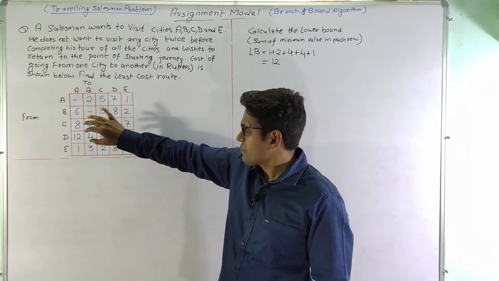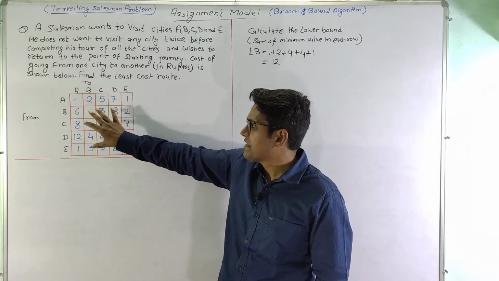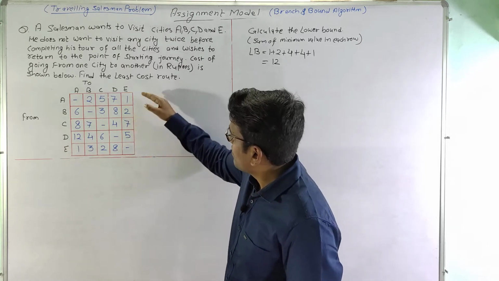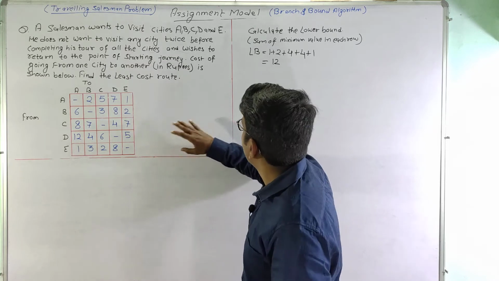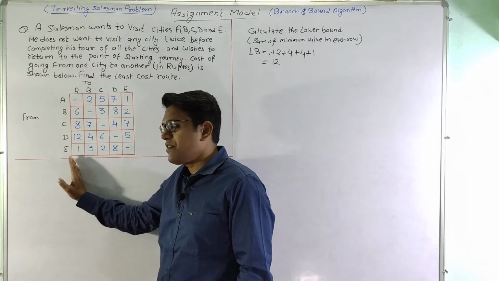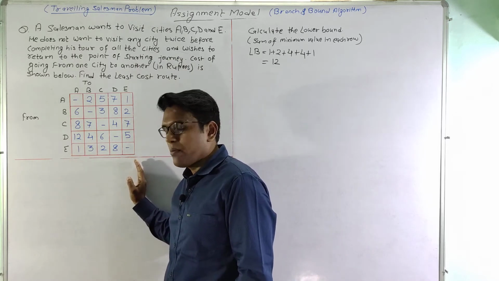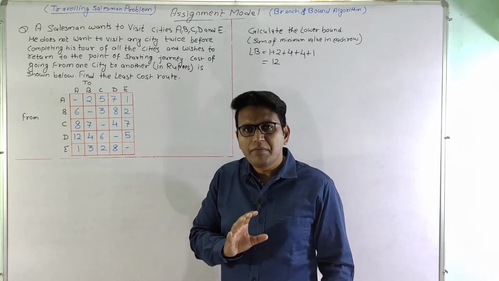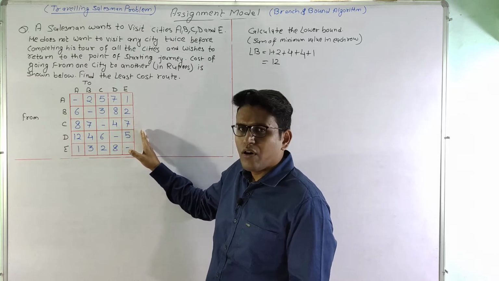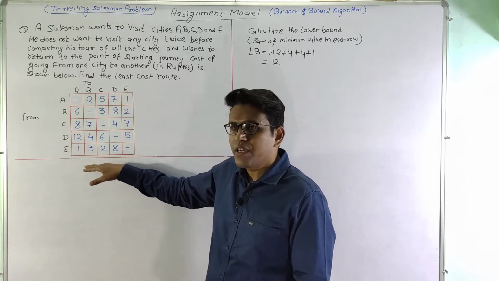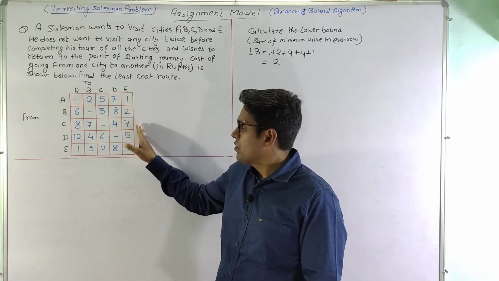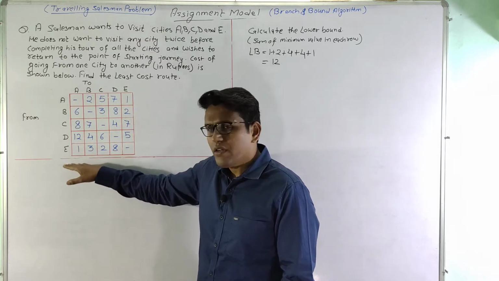So this is an asymmetrical matrix, and for asymmetrical matrix we have different values if we calculate the lower bound for row and if we calculate the lower bound value for column. And if there is a symmetrical matrix we will have the same value of lower bound whether we calculate for row or we calculate for column. We can approach anyway. We can also go using row wise or using column wise.